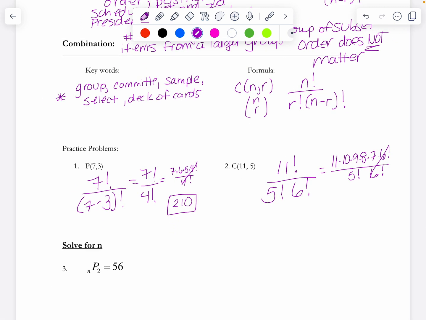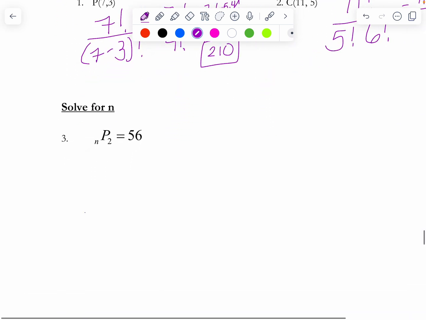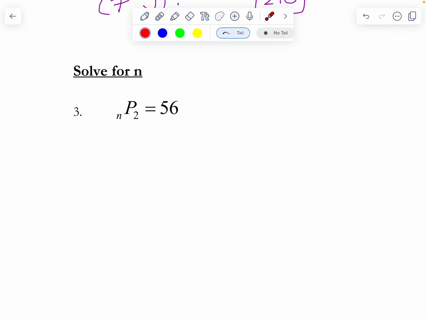Let's look at this last one. With permutations, this is very similar to what we've done before with combinations. But this says, okay, we need to use the formula.